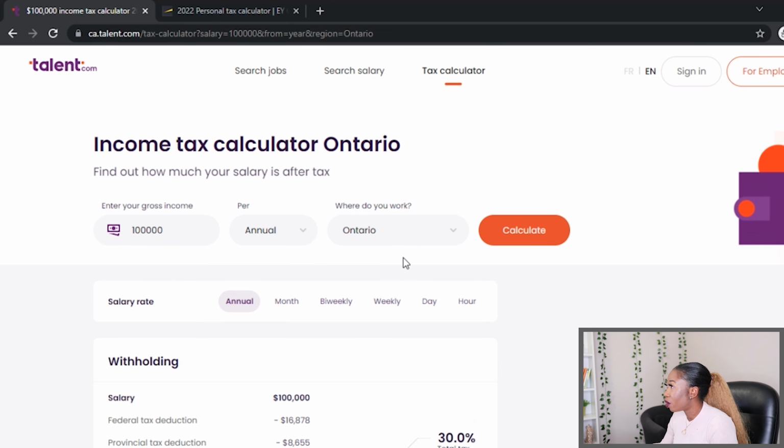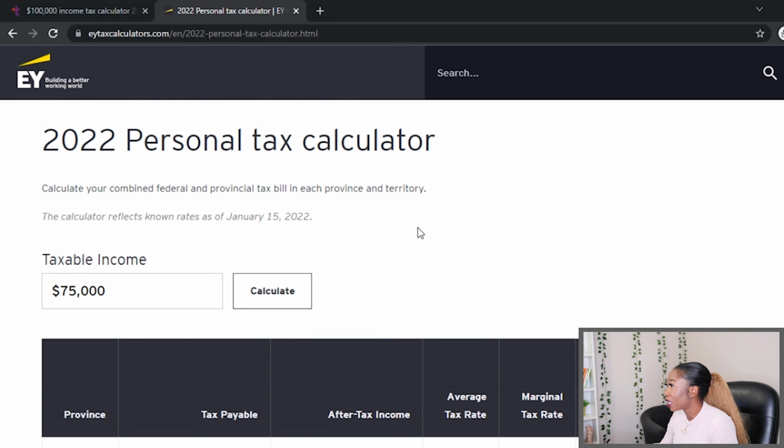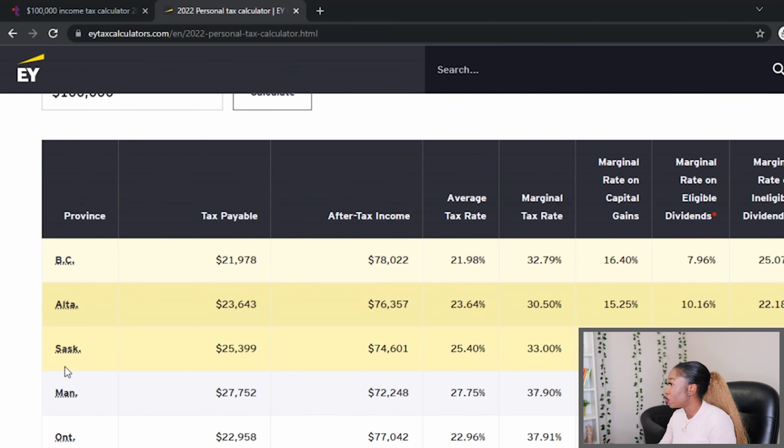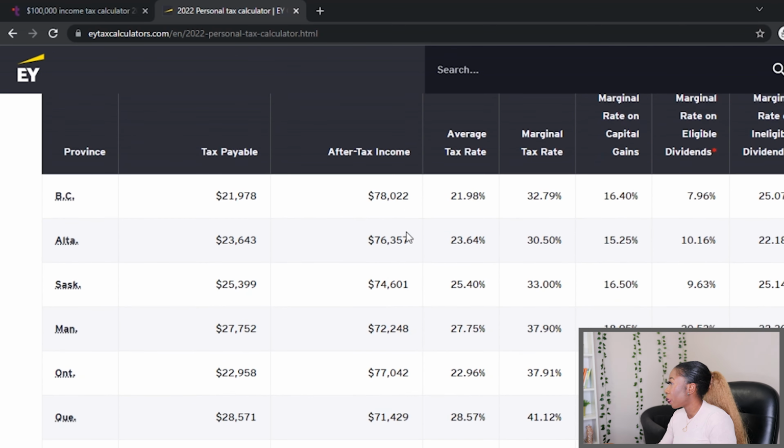Another tax calculator I like to use is EY. The EY tax calculator also allows you to see how much your taxes would be based on your province. You just need to put in your income, then you calculate. Once you calculate, you can see, based on the province, your taxable income and after-tax income, the average tax rate and marginal tax rate.